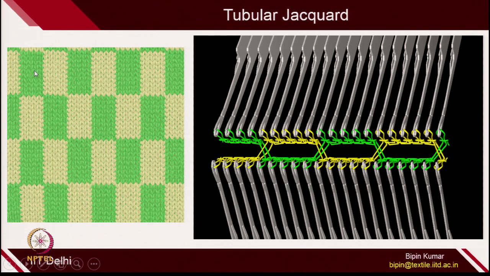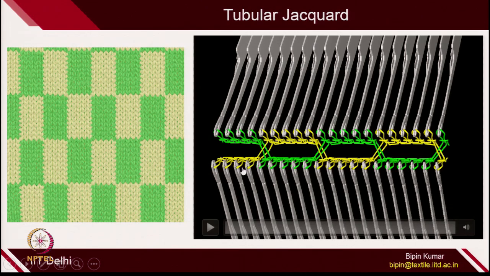Green yarn is visible and then yellow yarn is visible on the surface, then green yarn, then yellow yarn. And if you reverse the fabric, wherever yellow yarn is visible, on that side the green will be visible.